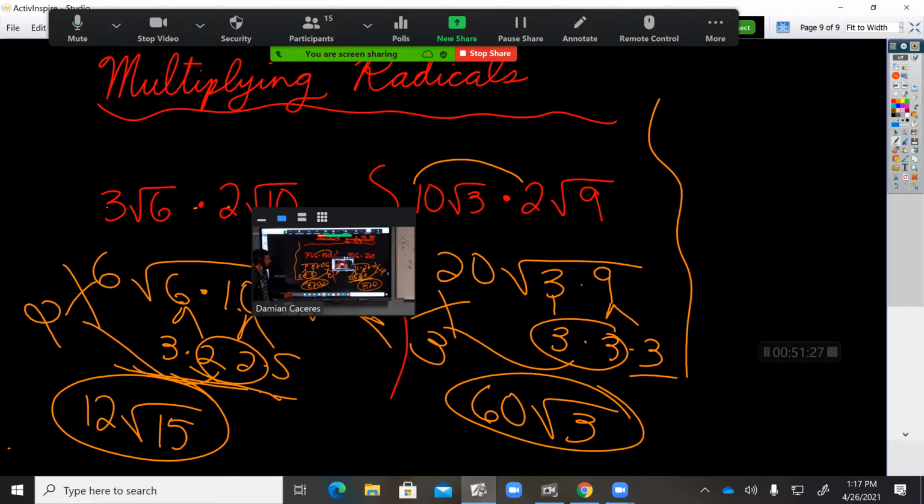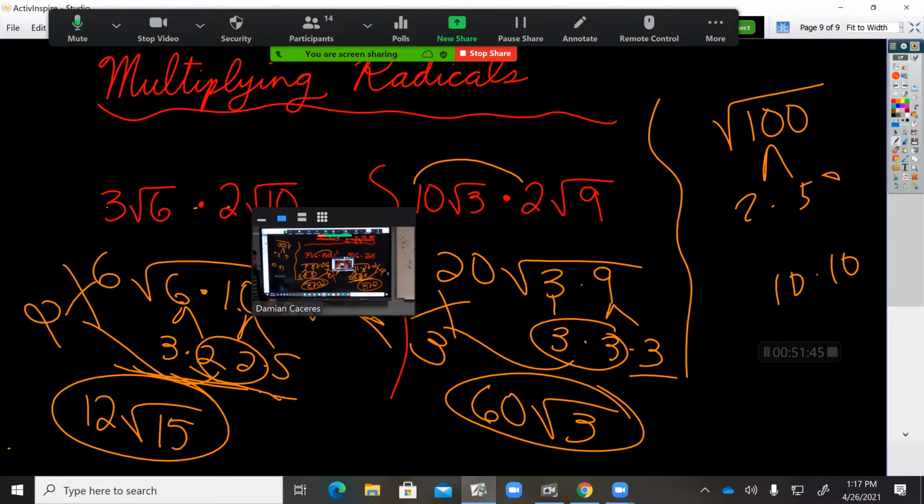Remember, when you break things down, always choose numbers that repeat if possible. If you have square root of 100, why would you put here 2 times 50 when you can put 10 times 10 instead and have a number repeat? You understand? So it's your choice. You're not going to get the wrong answer if you use 2 and 50, but it's going to take you 15 minutes to do the same problem that I would do in 30 seconds because you chose that route.